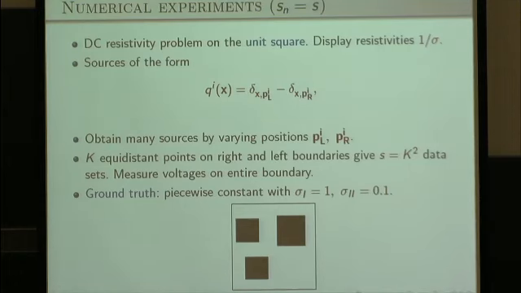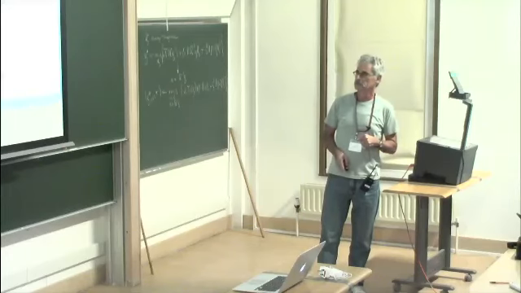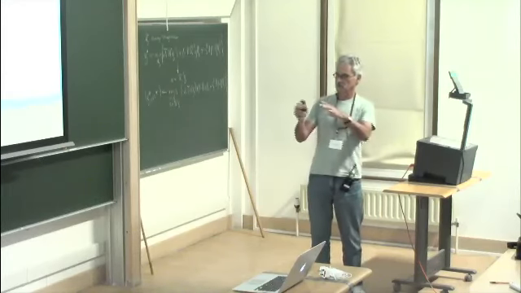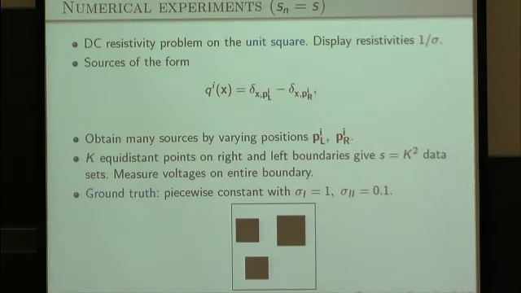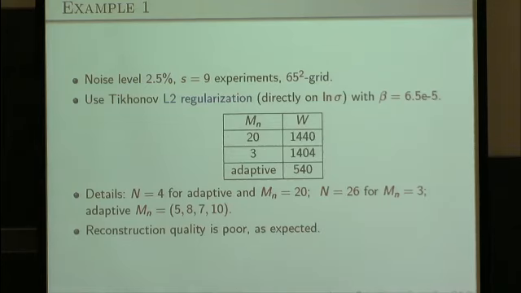We look at a ground truth, the true solution, quote unquote, to be piecewise constant, with 3 bodies in the background. And here is an example with 9 experiments.